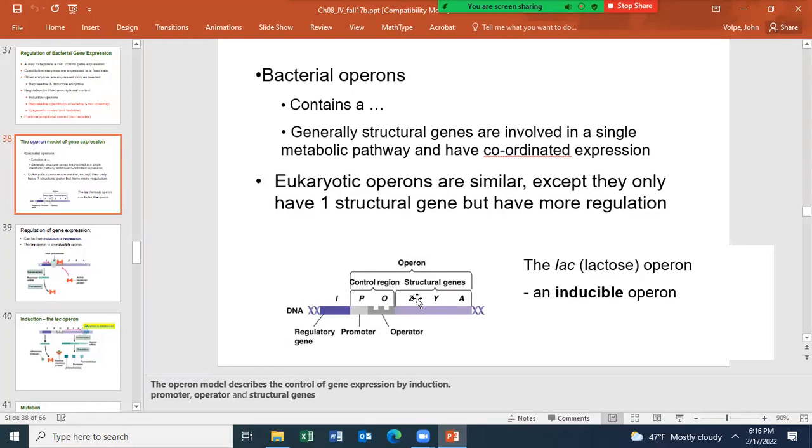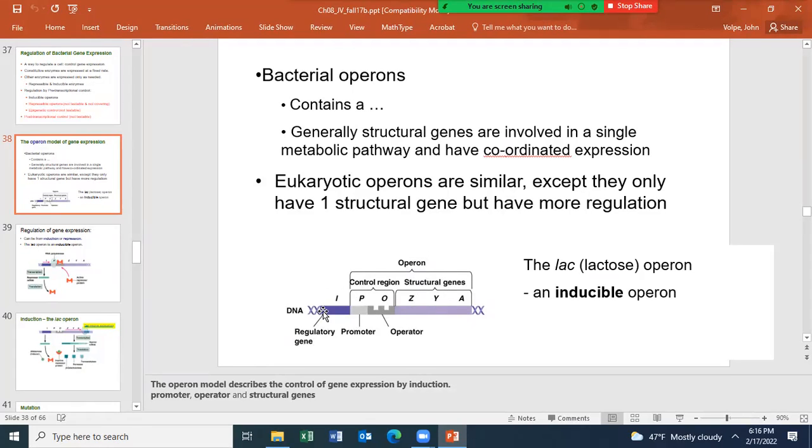So all 3 of the structural genes are involved in the metabolism of the sugar lactose. The promoter and the operator control the expression of these genes, and we'll talk about that next time. And you'll note that in the lac operon, we also have a region near it that's called the regulatory gene. The regulatory gene is not a part of the lac operon. It is its own operon, and it makes a regulatory protein that regulates the expression of the lac operon.